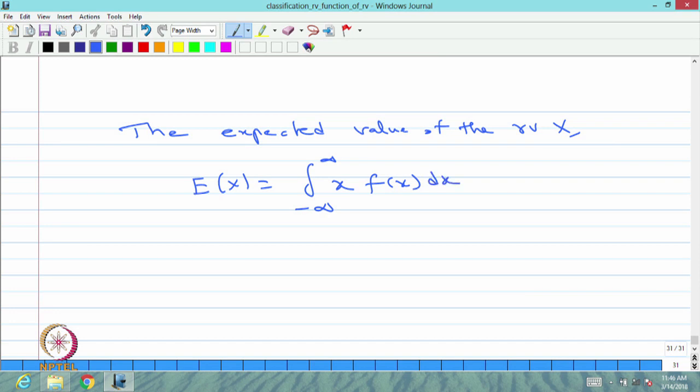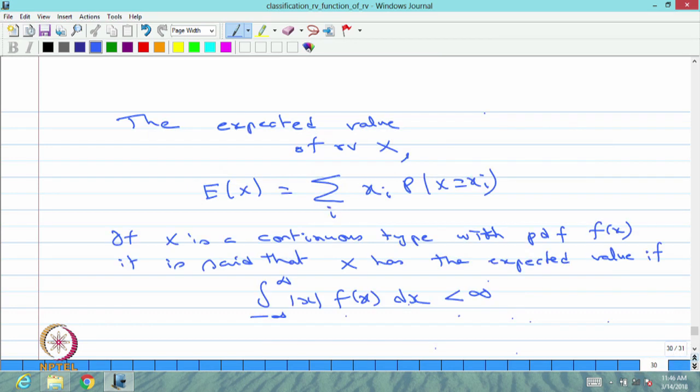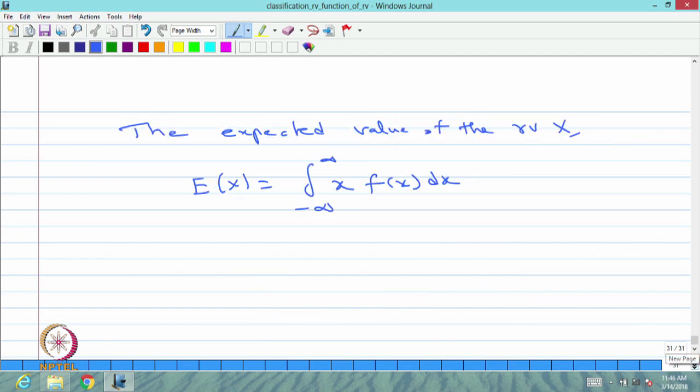Note that integration from minus infinity to infinity f of x dx is 1, because f of x is a probability density function, whereas here, if the integration of absolute x f of x dx is a finite quantity, then you can say that the expected value of the random variable x exists, and that value is E of x. It is a notation that is the same as integration from minus infinity to infinity x times f of x dx.